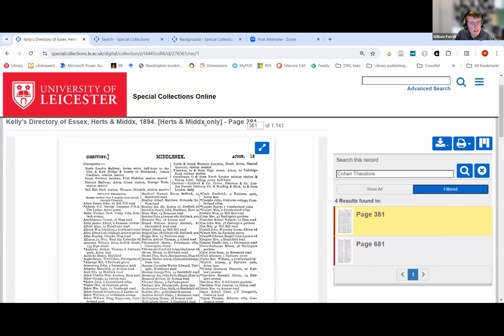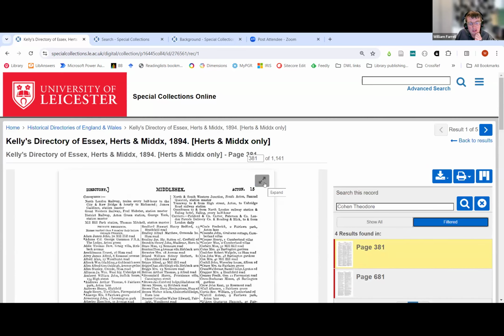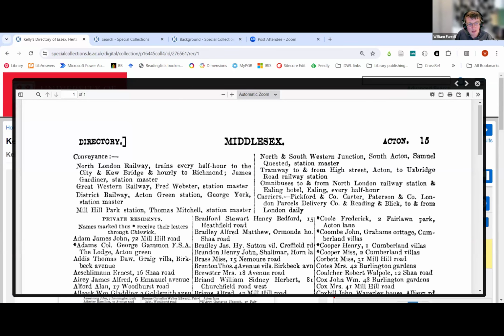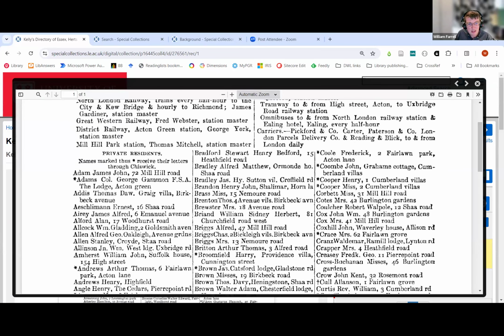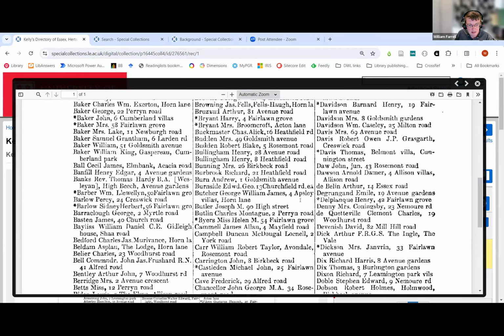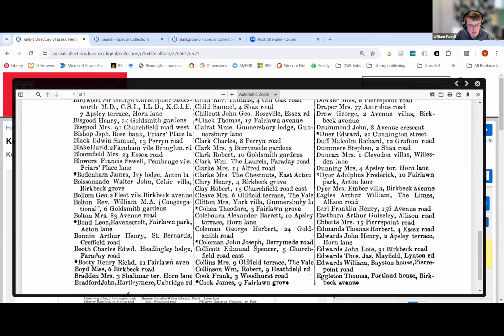As I said, on this initial viewing, it won't highlight the words for you. To see the highlighted words on the page, click the expand button here, which is this blue button. I hope on Zoom that has loaded a bigger version of the page. And he is listed here.